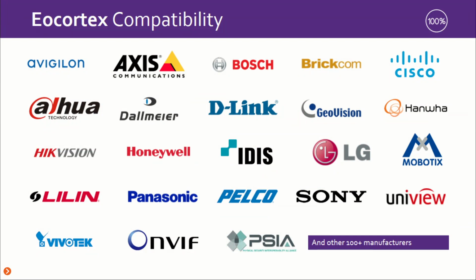We have done integration of major camera brands, whether we are talking about Axis, Bosch, IDES, Sony, Pelco, Hikvision, Dahua. We have done integration of models coming from these brands, including Mobitex. ONVIF and PSIA are two things that we are complying with, so your camera needs to be complying with ONVIF or PSIA, and it will be working with Eocortex.